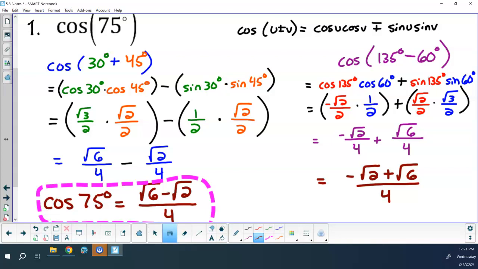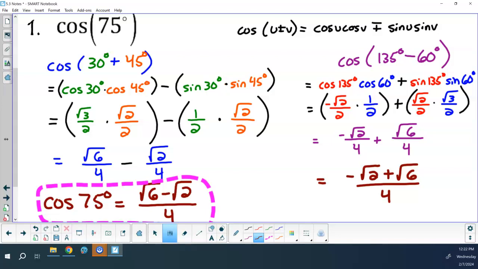So, is there one way to do all of these problems? No, there's a bunch of different ways to do these problems, as long as you're still finding the cosine of 75 degrees. 30 plus 45 is 75. 135 minus 60 is 75.